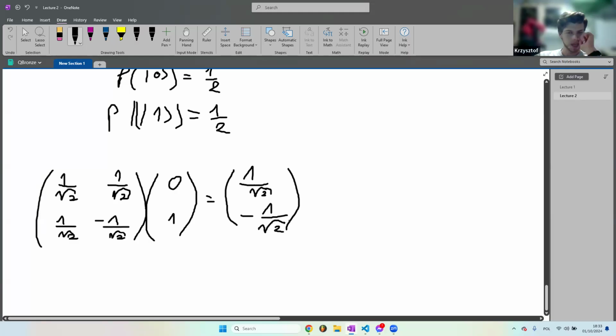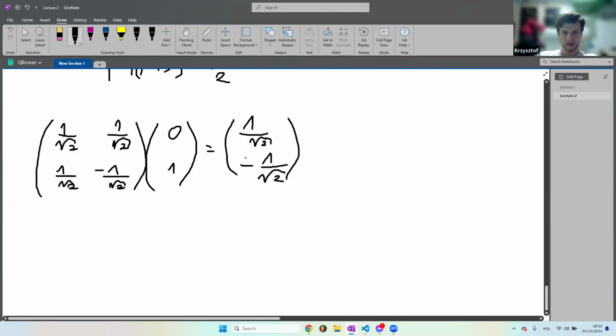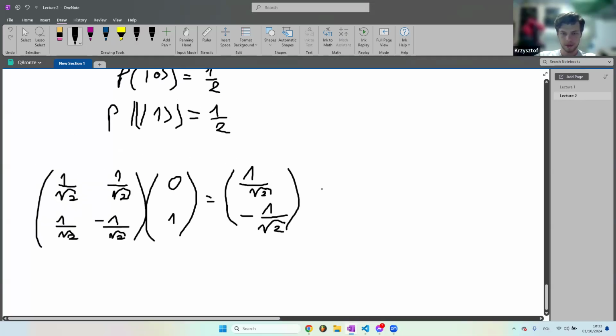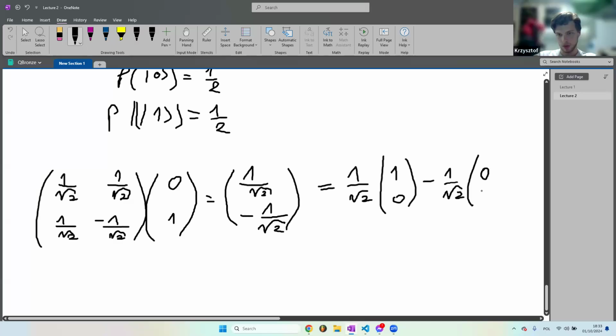So now you see that the minus pops out. And we can factor this using the same strategy as above: minus 1 over square root of 2 times (0, 1), which can also be rewritten as 1 over square root of 2 times 0, minus 1 over square root of 2 times 1.